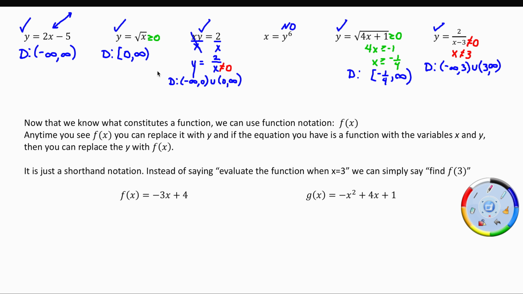Okay, now let's talk about the range. My range is asking about y values. I'm just going to think about whether it is possible for y to be positive, negative, or 0. That's what I was concerned about in my domain also.